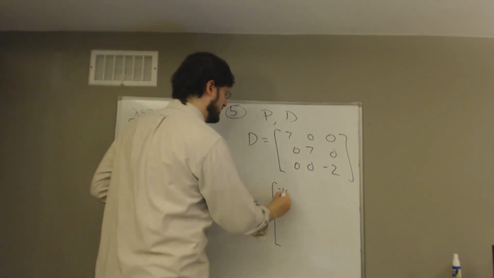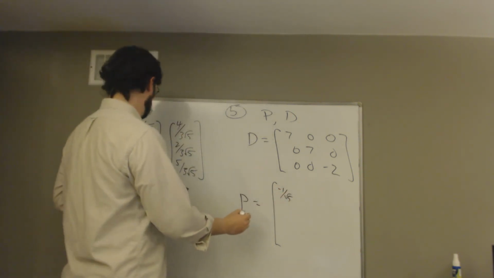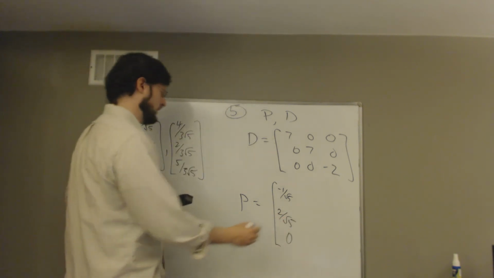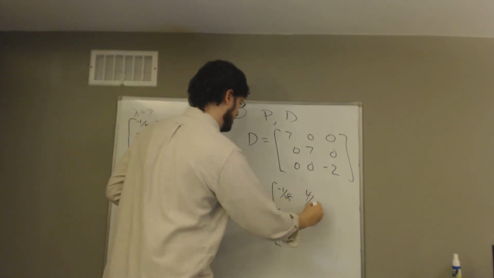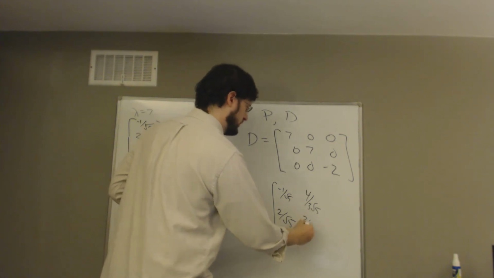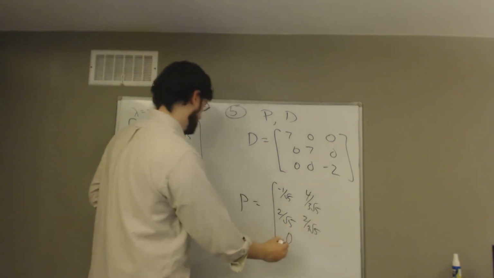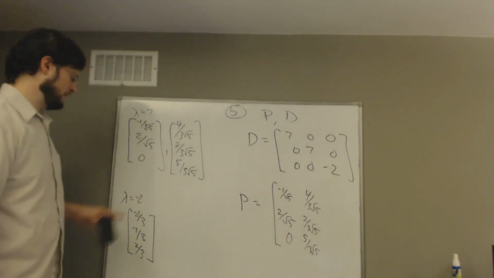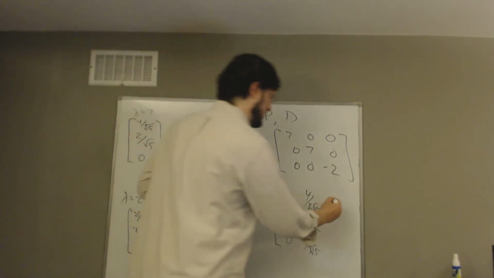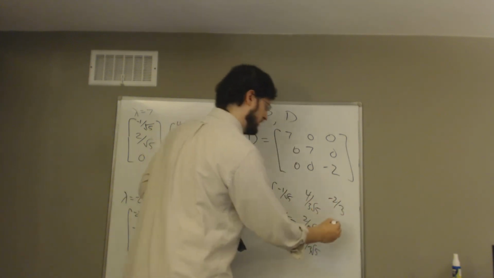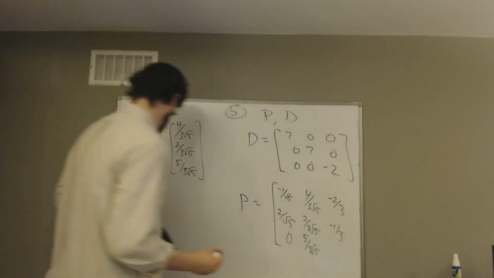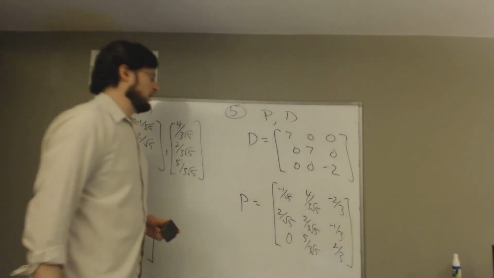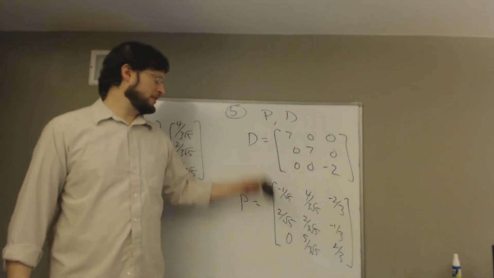So this will be minus 1 over root 5, 2 over root 5, 0, 4 over 3 root 5, 2 over 3 root 5, 5 over 3 root 5, and then our final eigenvector, minus 2/3, minus 1/3, 2/3. And this is P and D.